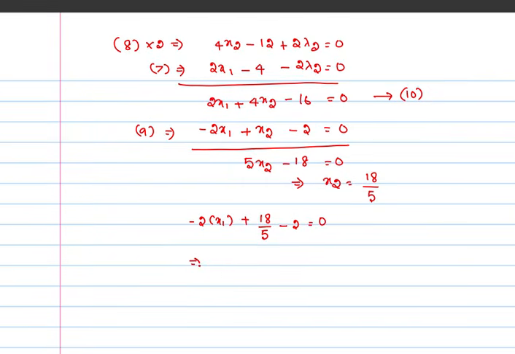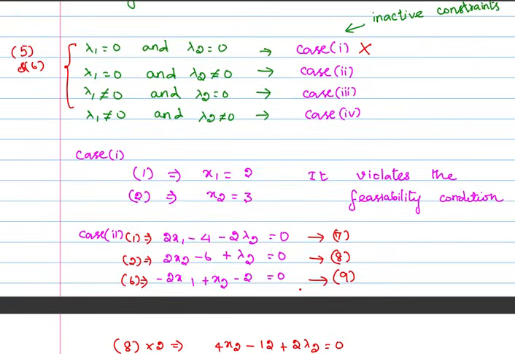So x1 equals 9 divided by 5 minus 1, which is 4 divided by 5.